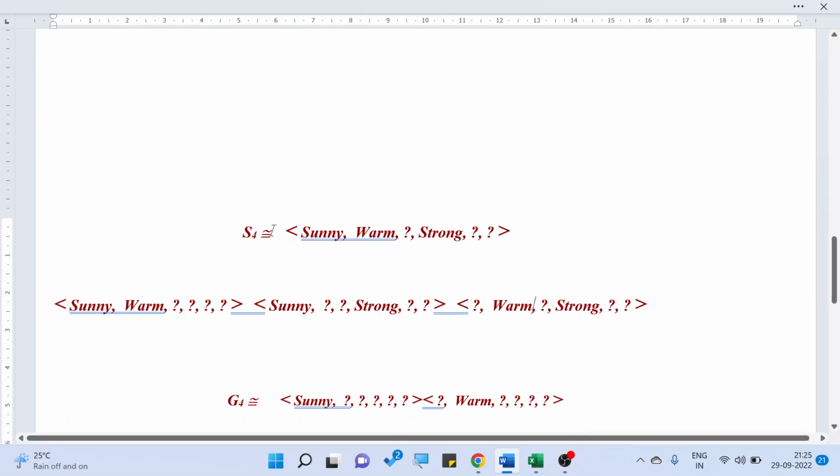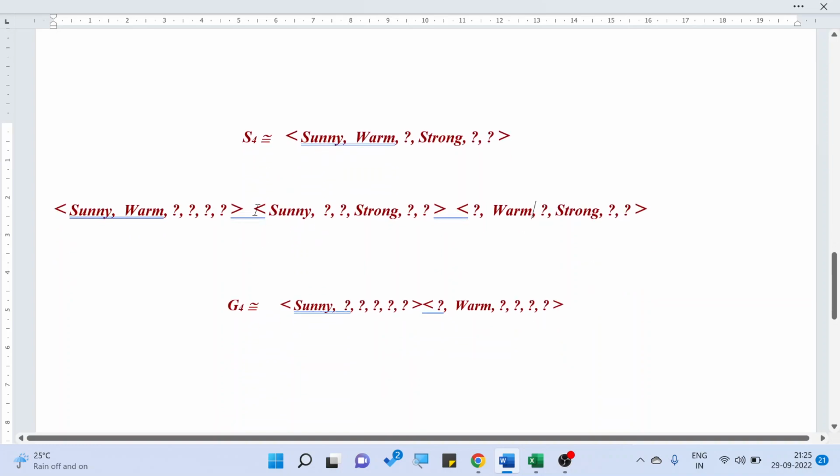So this is the version space where we have 1, 2, 3, 4, 5, 6 hypotheses as a set. The actual answer is S4 and G4.